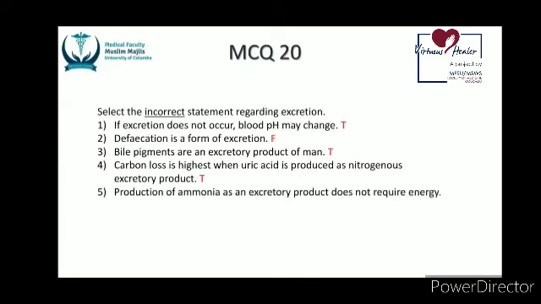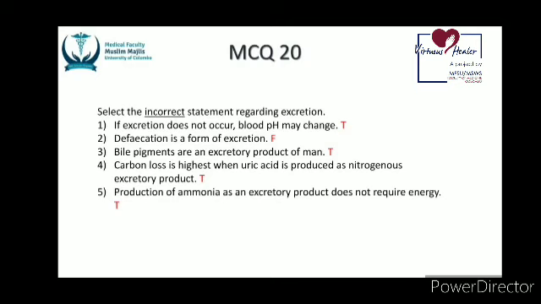Statement number 5, production of ammonia as an excretory product does not require energy. This statement is in fact correct. We know that the initial nitrogenous excretory product that is produced in any organism will be ammonia, and the formation of this ammonia will not require any energy.